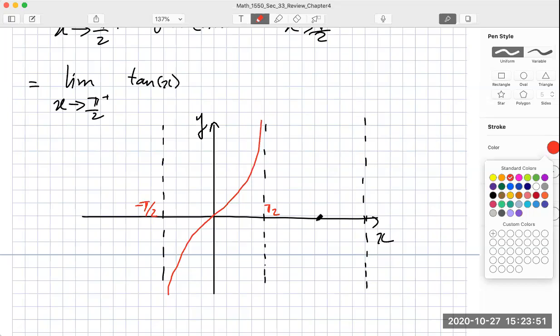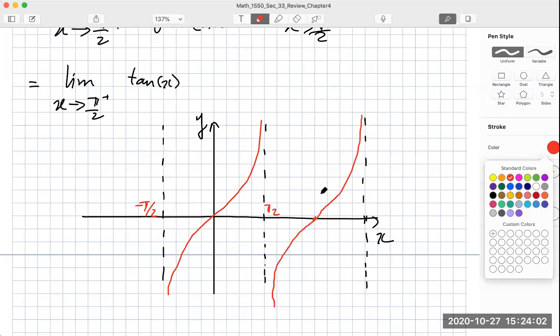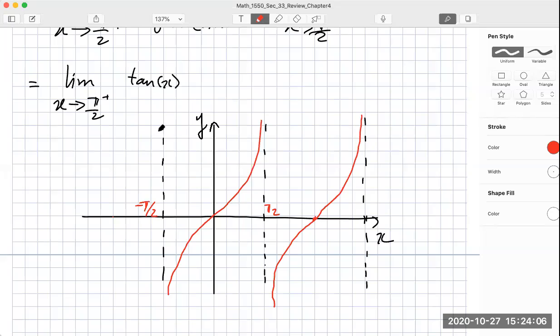So in this interval, the graph of this would be like this. And the similar story, we have that the graph of this is like this.